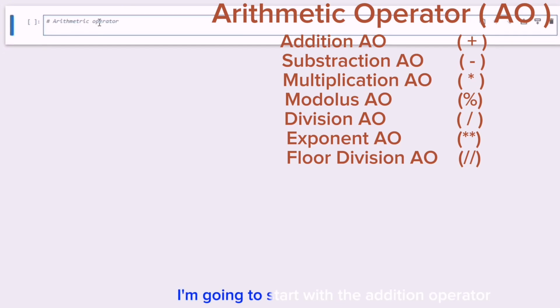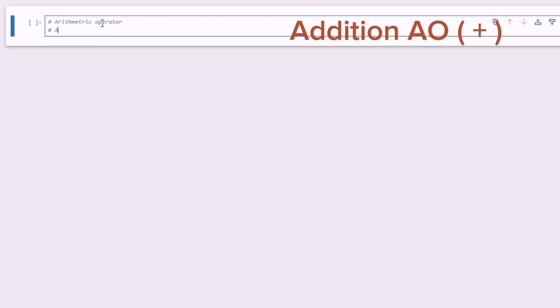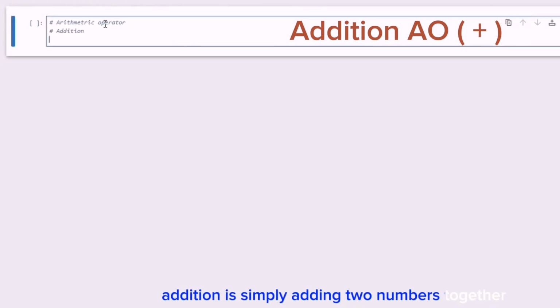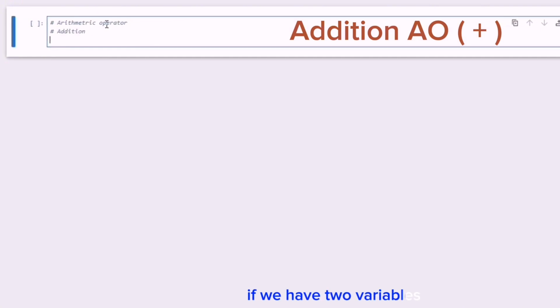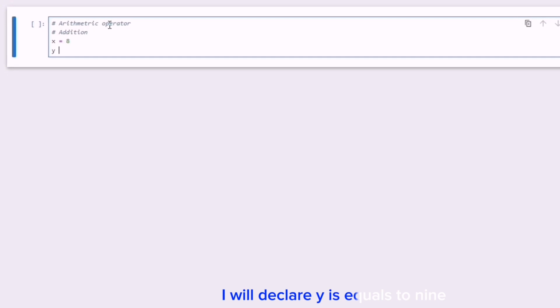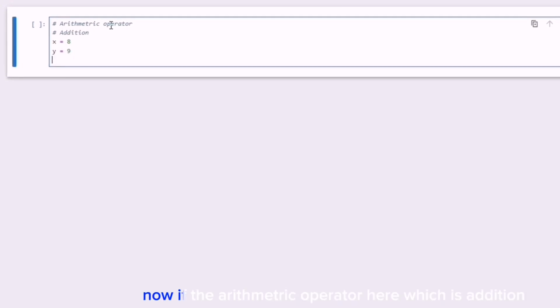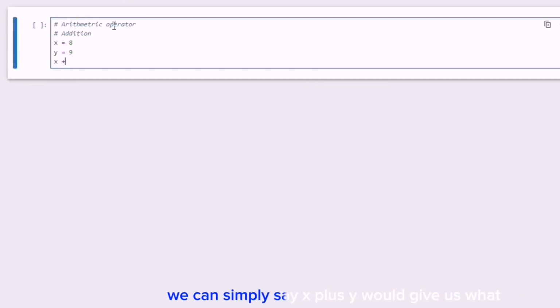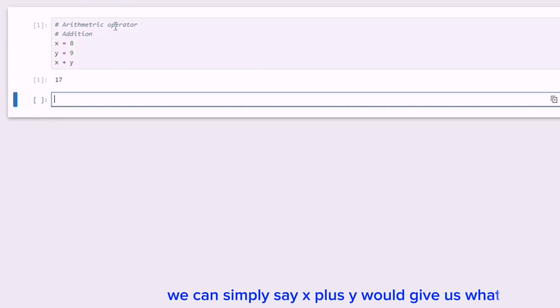So we're going to start with the addition operator. As we know, addition is simply adding two numbers together. If we have two variables, let's declare x is equal to 8, and we declare y is equal to 9. Now, with the arithmetic operator here, which is addition, we can simply say x plus y will give us what? 17.